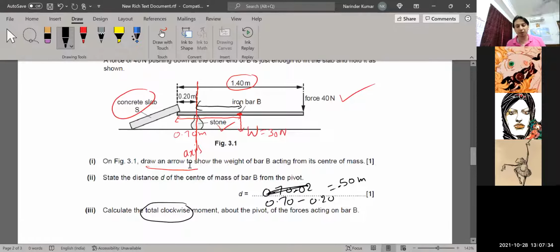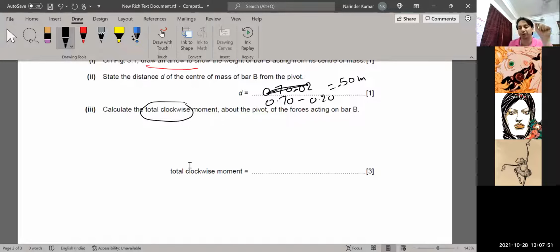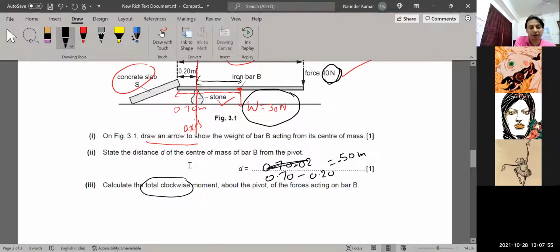So what are the downward forces, children? One force is 40 Newton, you can see. And the other force is the weight of the beam itself, 30 Newton. So 40 and 30 Newtons are these two forces acting, but what we have to calculate is the total clockwise moment. So I will write it here.